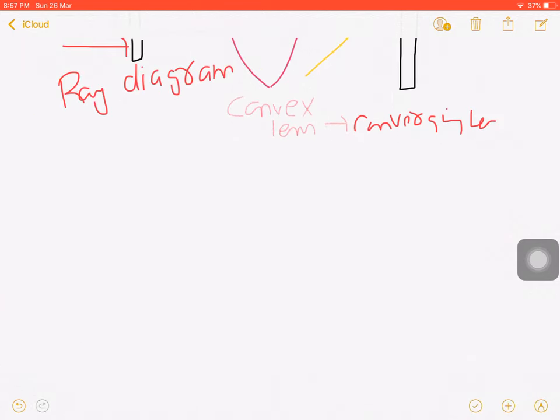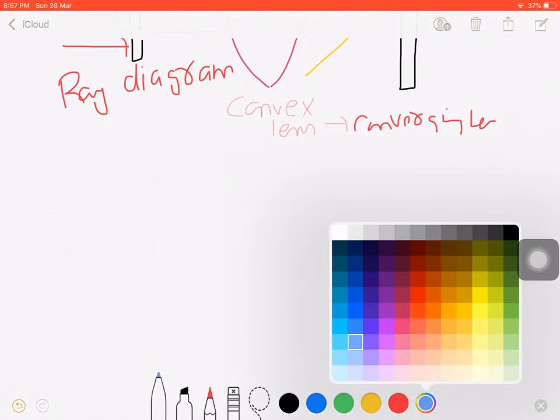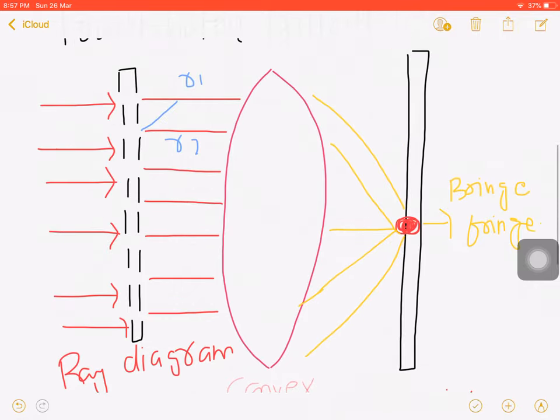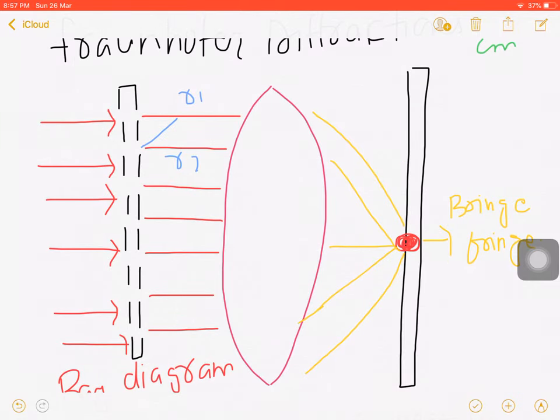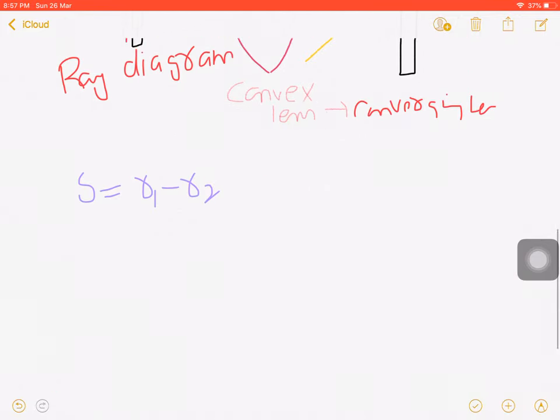As we know, the formula of the path difference is basically S, and here S will be R1 minus R2. Why? Because we find the difference between the larger quantity and the smaller quantity. Here R1 is larger than R2, that's why we have done R1 minus R2, right?